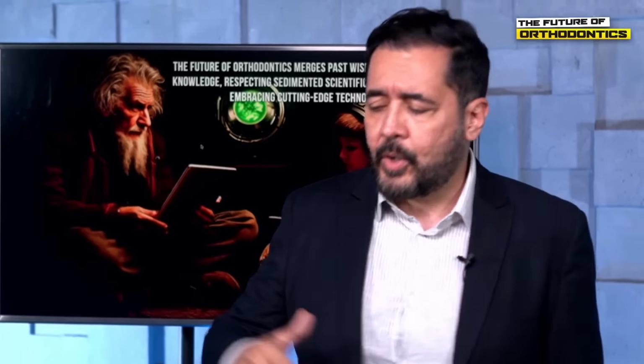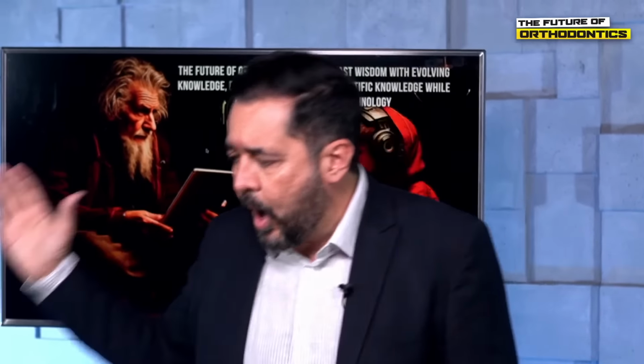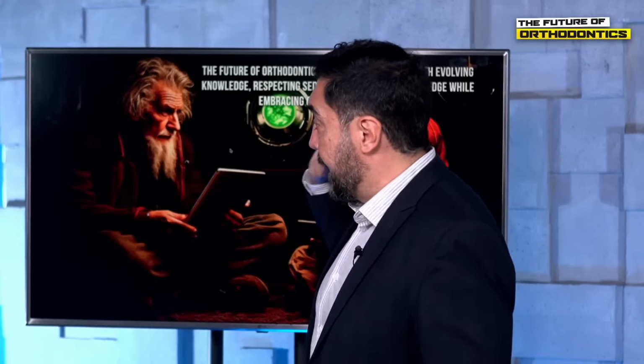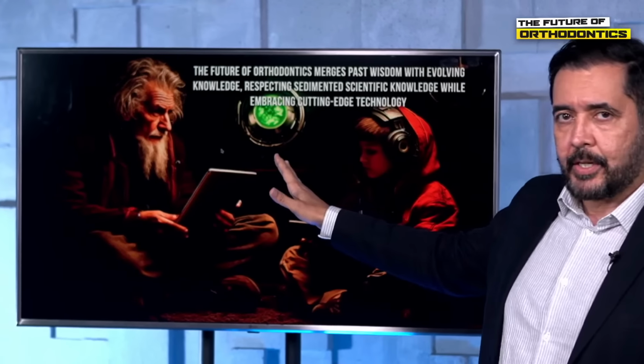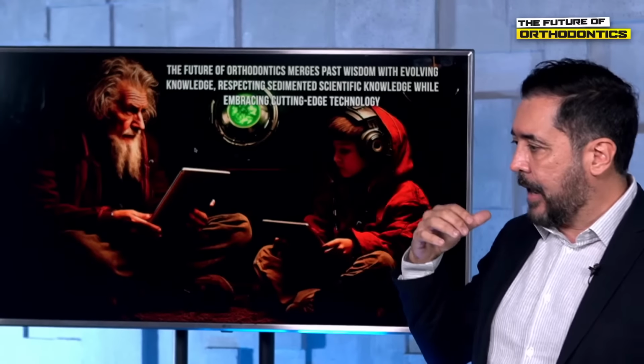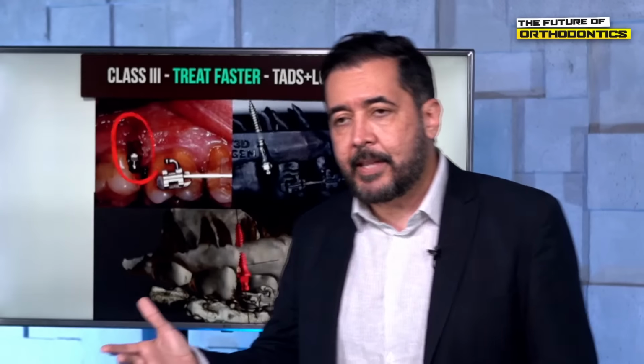All those ClinCheck cases, I love aligners again, but all those cases that we see in the ClinCheck that they give to us, they're not true. There's something that is close to that, but they're not true. In orthodontics, technology must act in our favor, must be there for us.